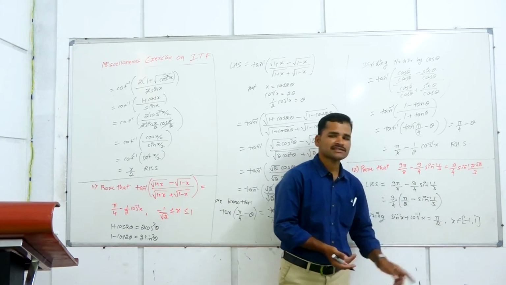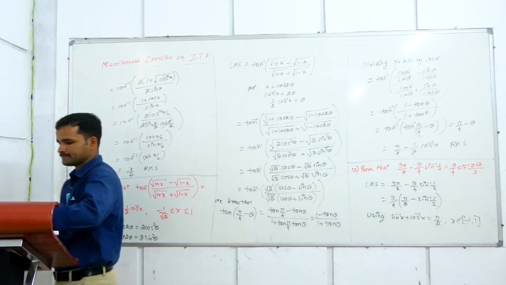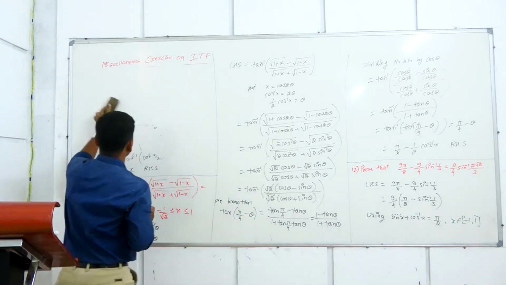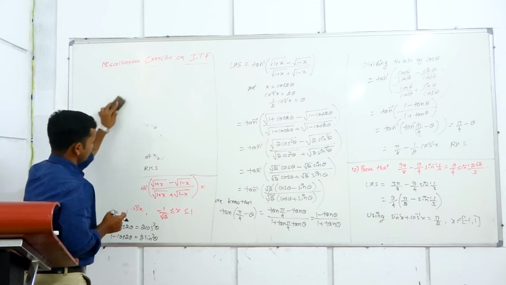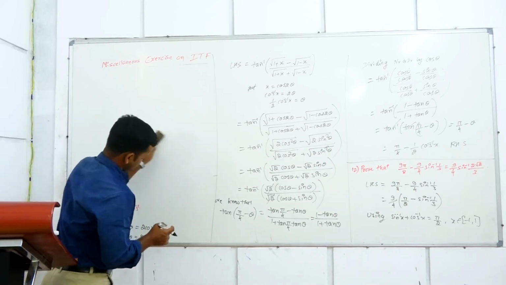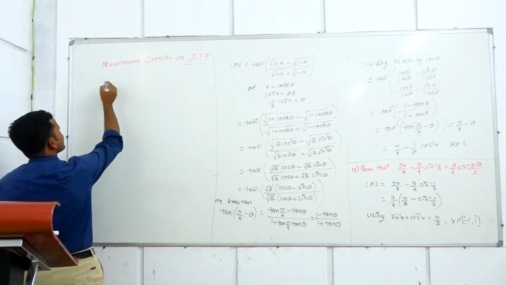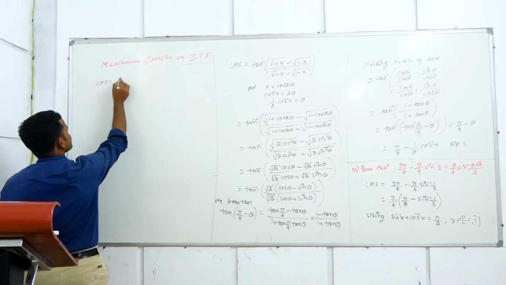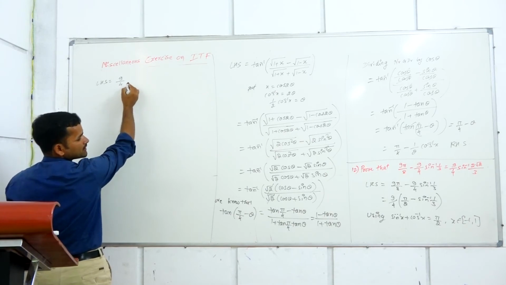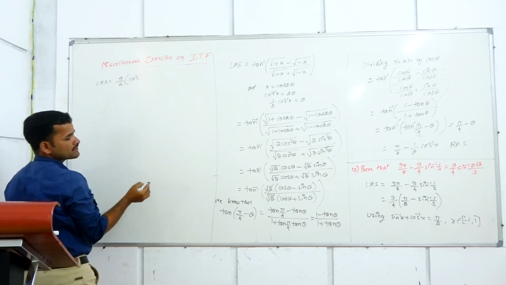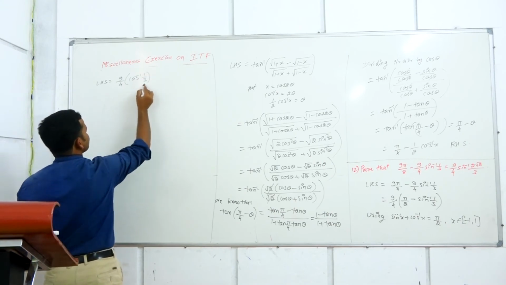So in place of x, 1 by 3 is there here. We will write the LHS as 9 by 4 times cos inverse of 1 by 3. I am using that formula.